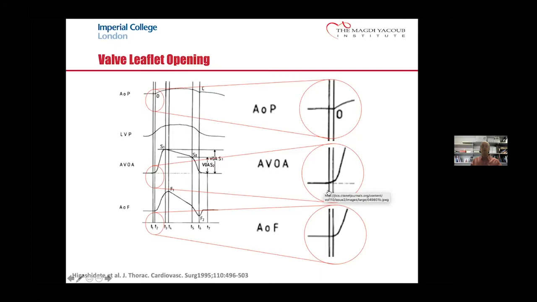And the time duration, which is here, is probably milliseconds: the valve actually begins to open before there's any change in aortic pressure and before there's any forward flow of blood from the ventricle through the valve.